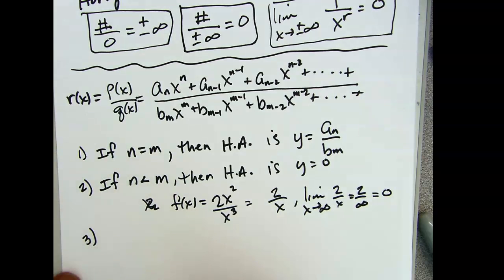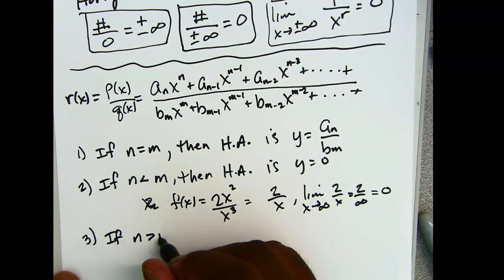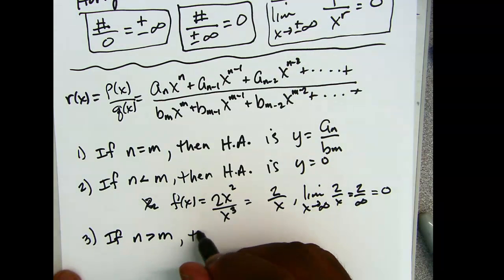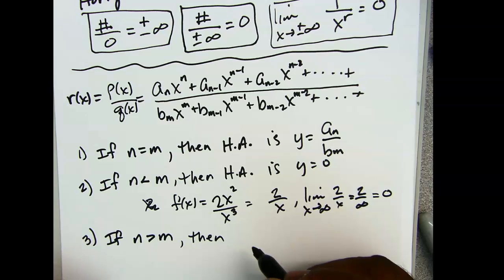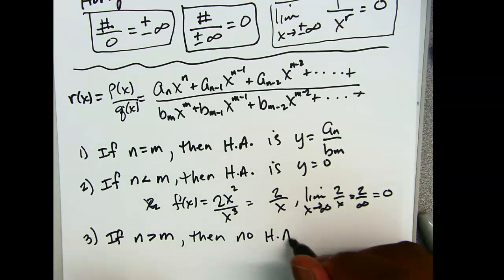Okay, number 3. If, on the other hand, n is greater than m, then you have no horizontal asymptote.